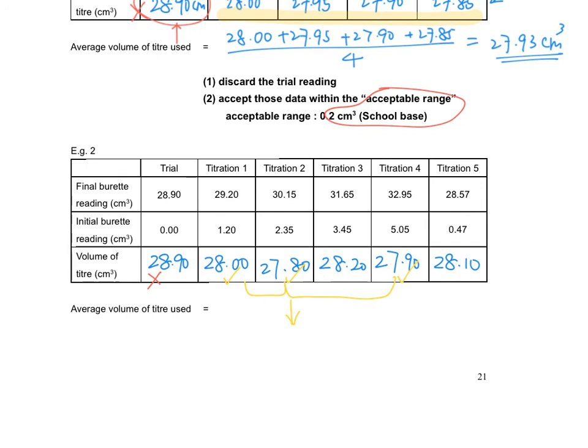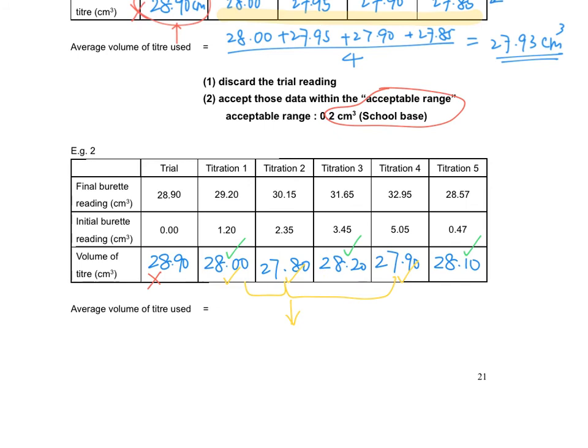calculate the average volume. But in this titration, you can see that if I take 28.00 as an acceptable value, but I go in the other direction, I discard titration 2 but take titration 3. 1, 3, and 5. These three titrations also give us three results that are within the acceptable range.